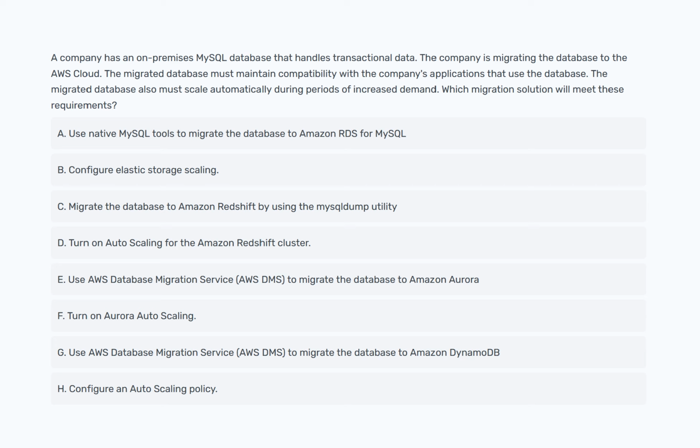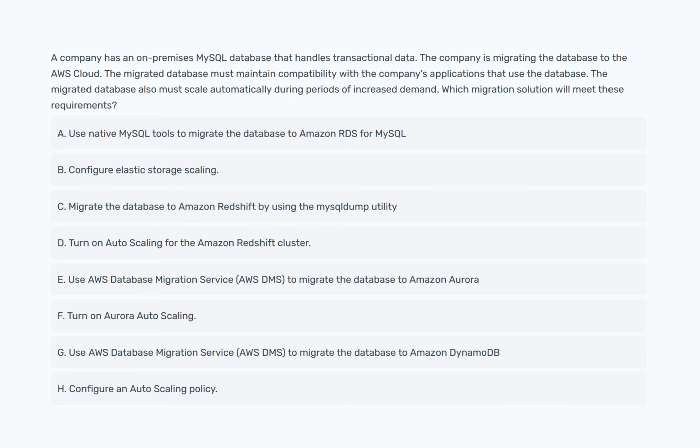Okay, E and F should be the answers, but I can discuss a little bit. Native MySQL tools in RDS is also one of the options, but it lacks the part of automatically increasing during demand. And Redshift is not transactional.